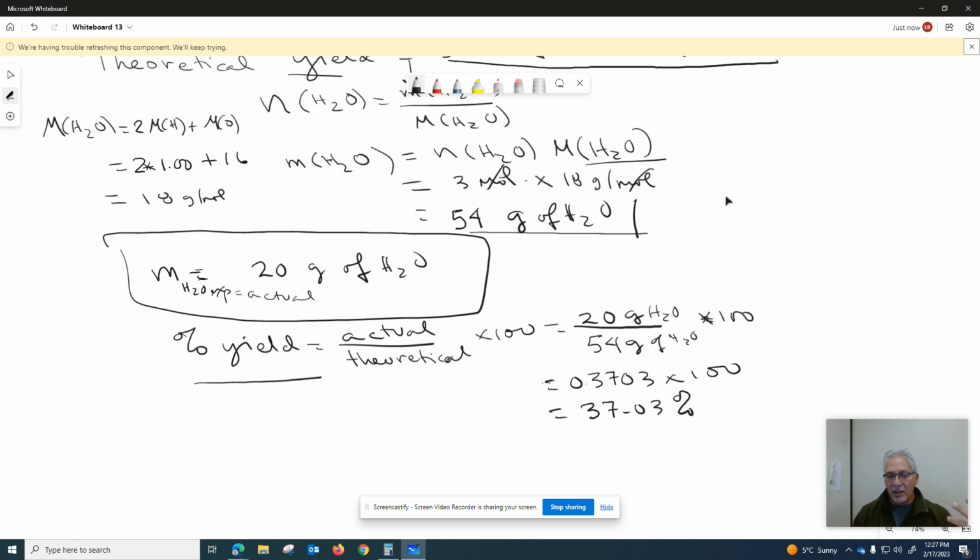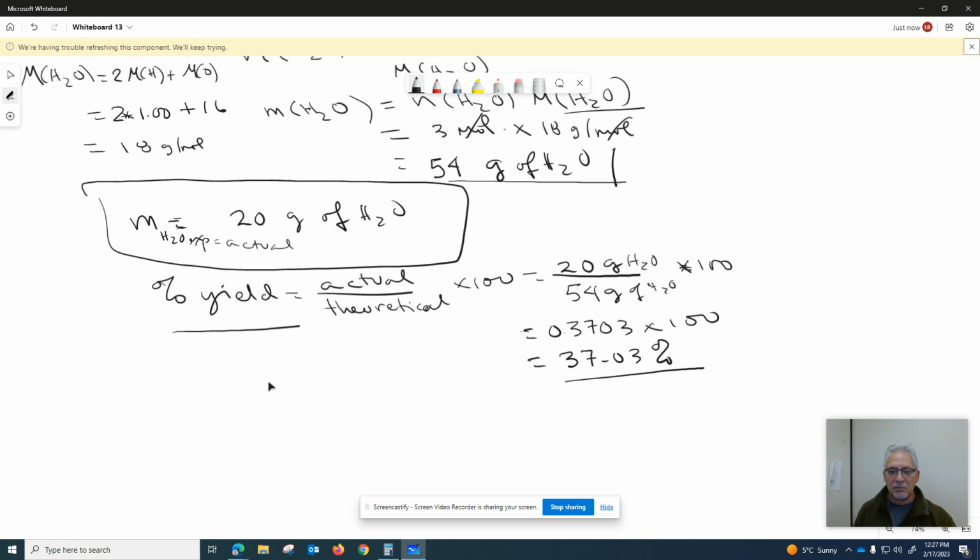Then you divide actual over theoretical and multiply by 100. Most of the time, you will get a percent yield less than 100, unless there is an error in your lab or the product is wet, but that's another situation. Most of the time it will be less than or equal to 100, your percent yield.